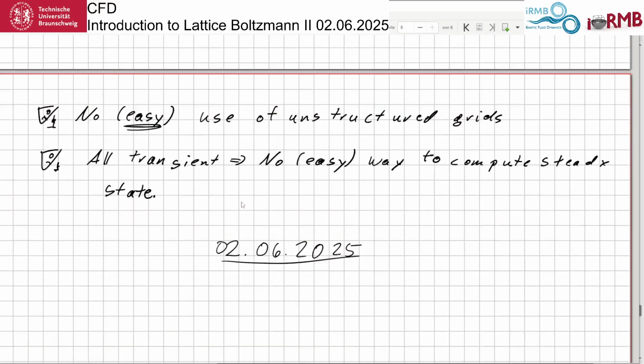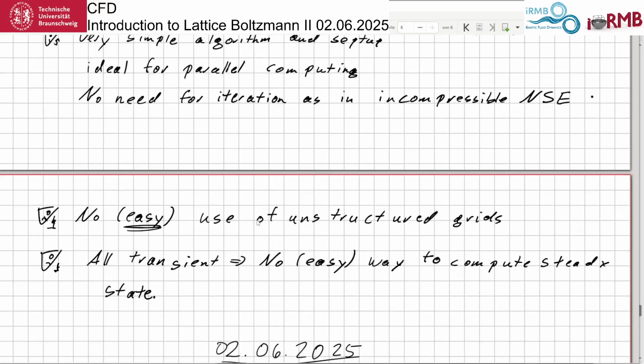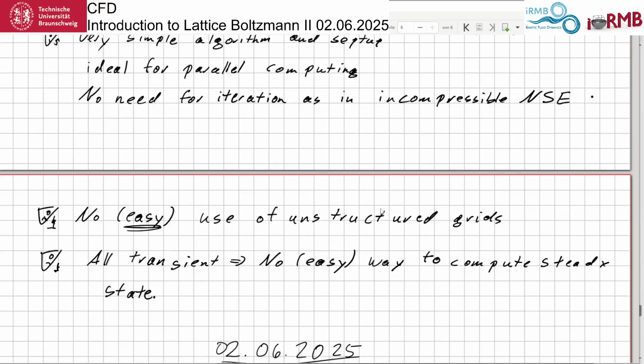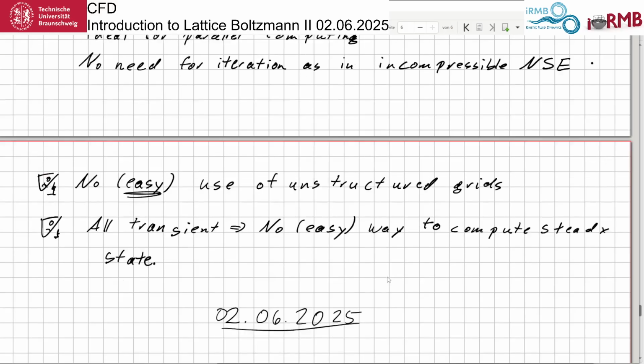Okay, so we said that the algorithm is simple. Two things that may not be so simple are the use of non-Cartesian grids, and that everything here is transient, which can be either an advantage or a disadvantage.